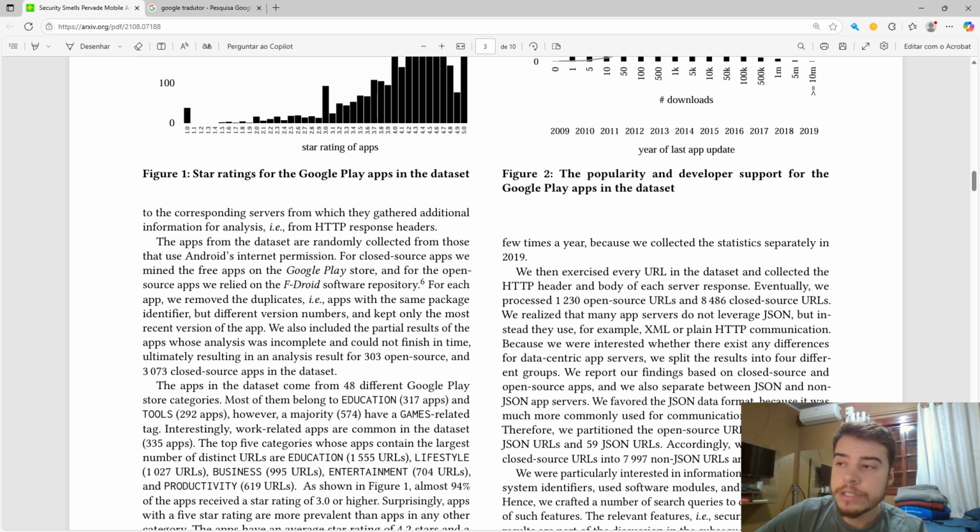The majority, 574, were related to games, and work related apps in the dataset were 335 apps.